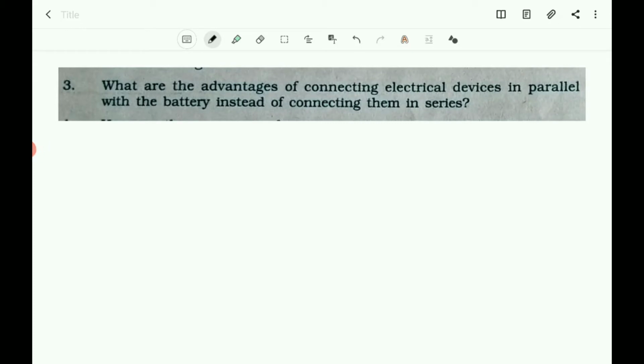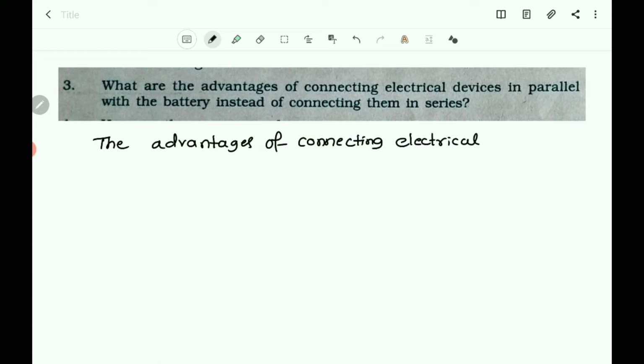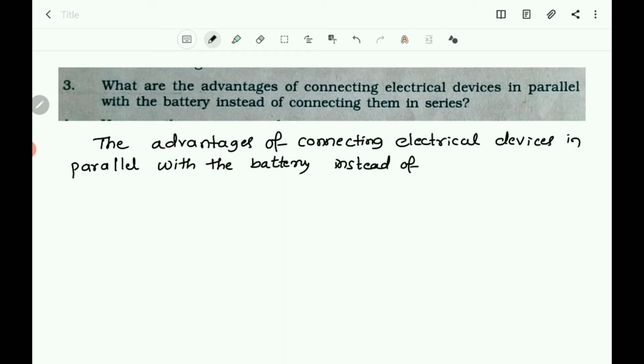So you write the advantages of connecting electrical devices in parallel with the battery instead of connecting in series, as follows.